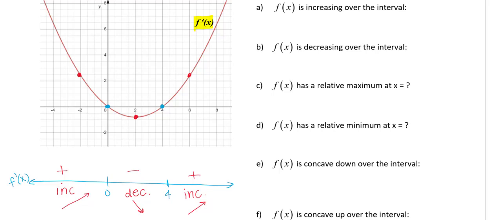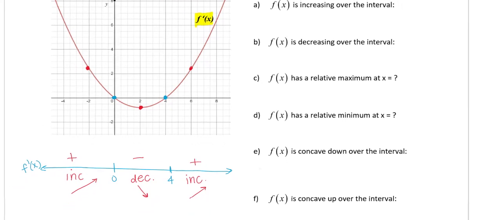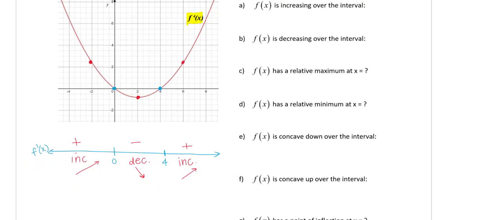But what I would like to do is further do a second derivative test given this first derivative graph. So I'm going to draw a second derivative number line test. Now a second derivative, if you think about it, is really a derivative of a derivative.